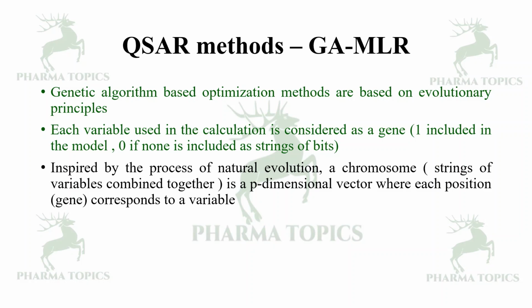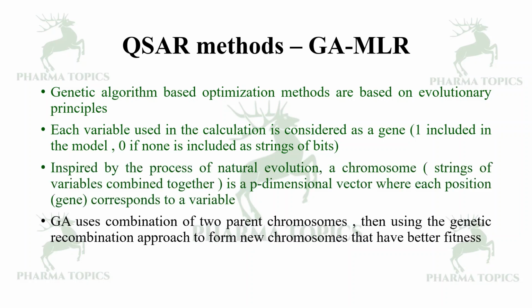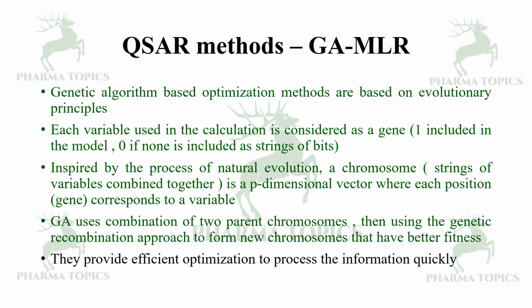It is a p-dimensional vector where each position, that is a gene, corresponds to a variable. GA uses a combination of two parent chromosomes, then uses the genetic recombination approach to form new chromosomes that have better fitness. They provide efficient optimization to process the information quickly.